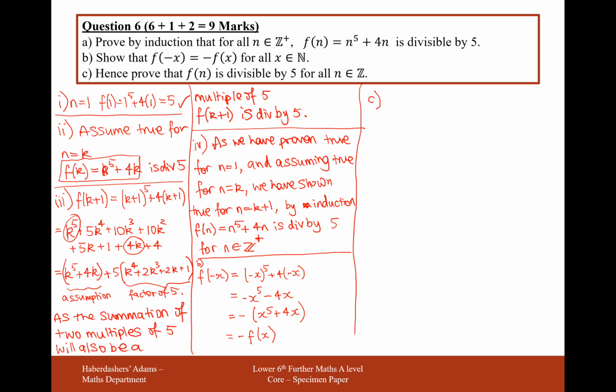That's for all natural numbers, so hence part C should follow nice and simply. Hence prove that f of n is divisible by 5 for all n exists in the integers. So what we need to do is write a little sentence here.